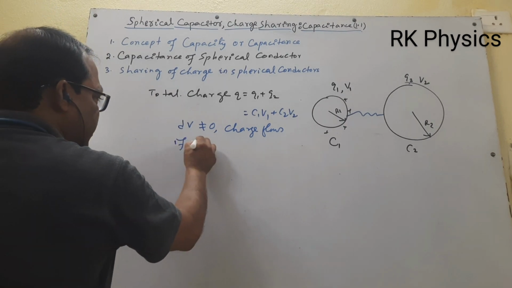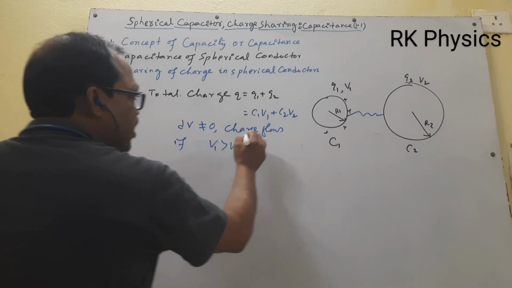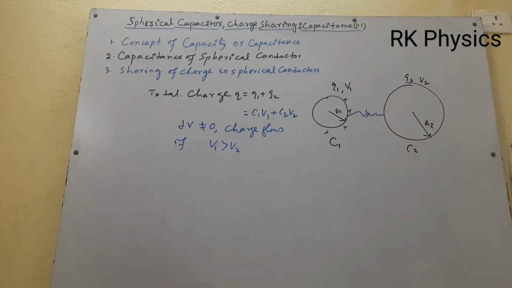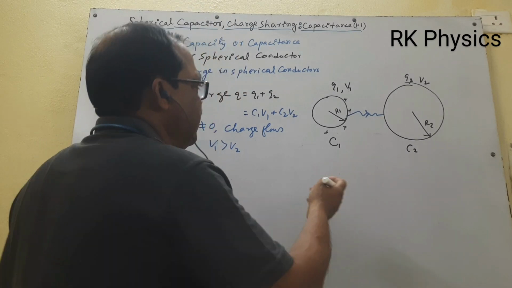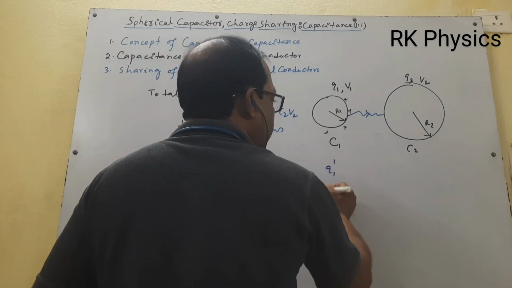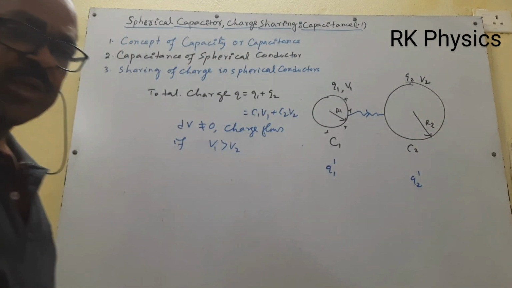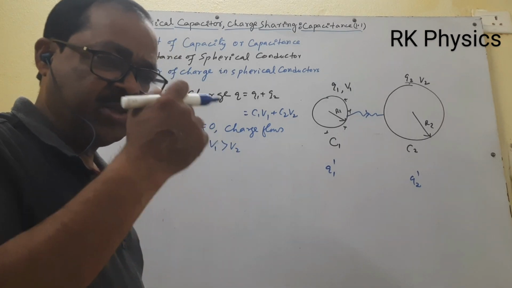Suppose V1 is greater than V2, then charge flows from the first spherical conductor to the second. After a fraction of a second, the charge Q1 becomes Q1 prime and the charge Q2 becomes Q2 prime, because Q1 loses and Q2 gains.